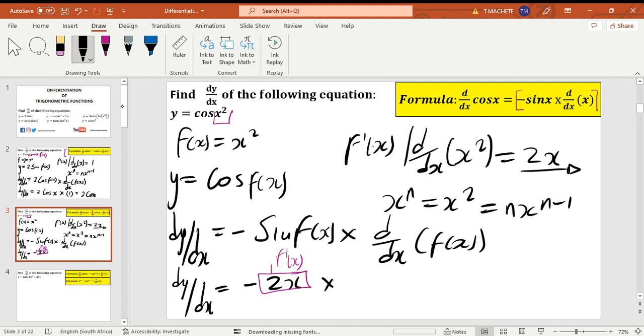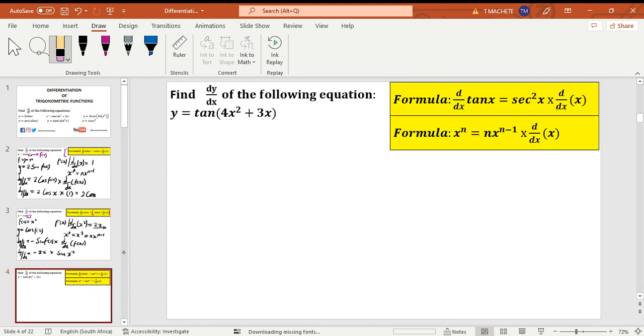And then you're going to multiply it with sine f of x, which is sine x squared. And then that's your final answer there. So your final answer is minus 2x times sine x squared. That's our final answer. Then let's proceed to our next example.